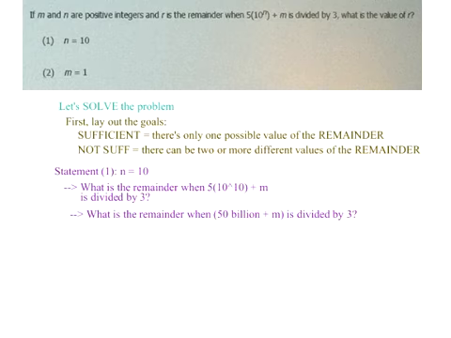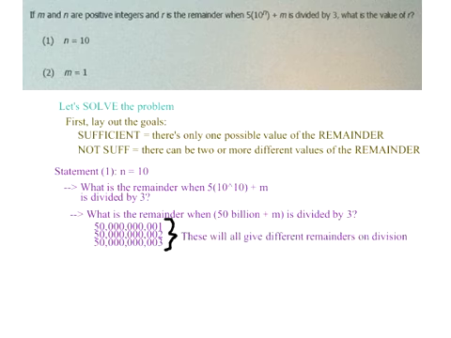So even with numbers as large as 50 billion, if you just consider the first 3 instances here, if you have 50 billion plus 1, or 50 billion plus 2, 50 billion plus 3, these are all going to give you different remainders when you do this division. In some order, the remainders are going to be 0, 1, 2. So these will all give different remainders on division by 3.